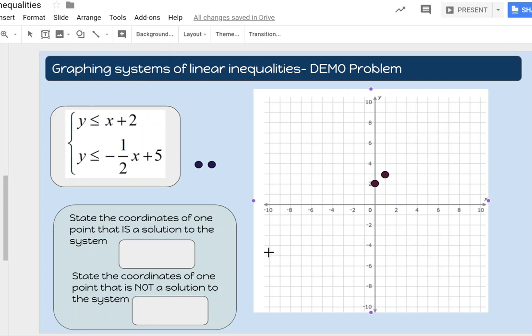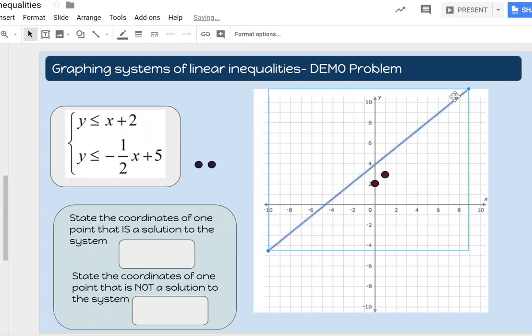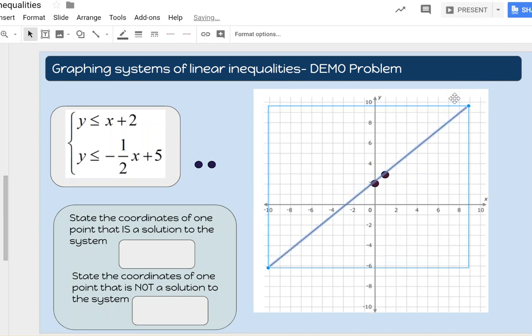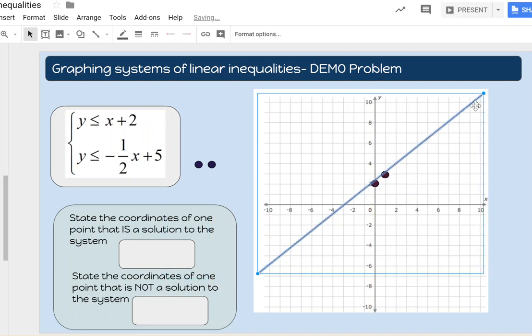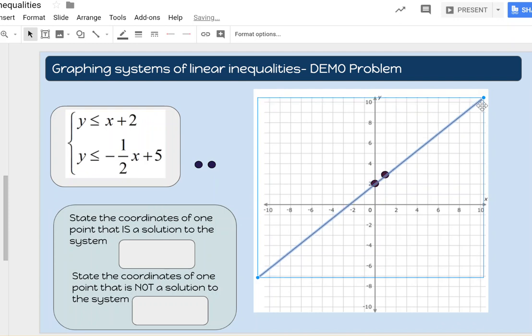Okay. Again, I'm making sure that I'm going all the way through the coordinate plane. So extend that a bit. Again, if my line's not perfect, not entirely worried about it.